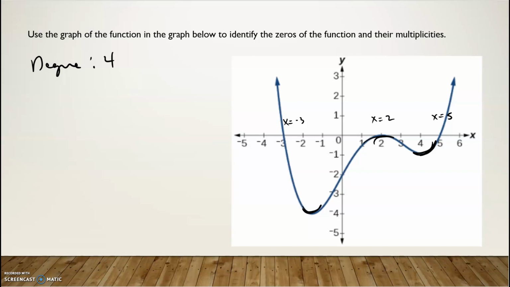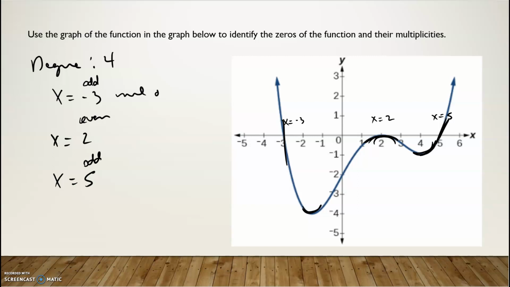Yep. Okay, so my zeros are at x equals -3, x equals 2, x equals 5. This one cuts through, so this one should be odd. This one touches, bounces off. This one should be even. And this one cuts through, so this one should be odd.